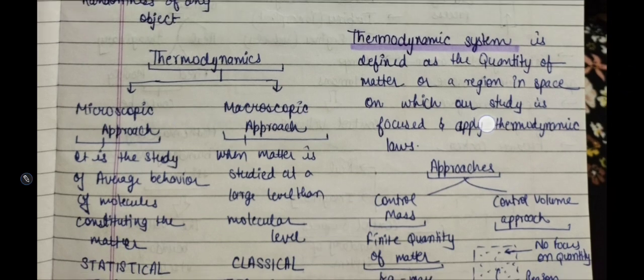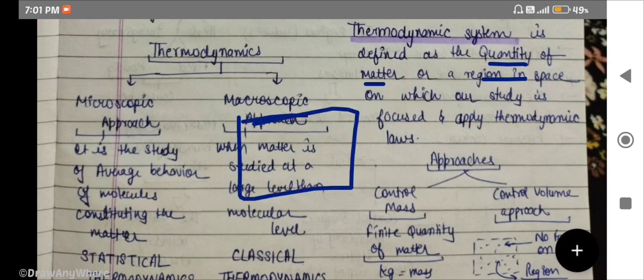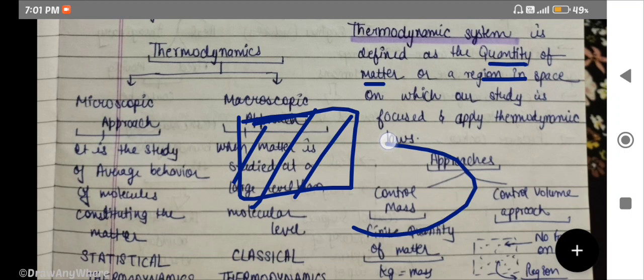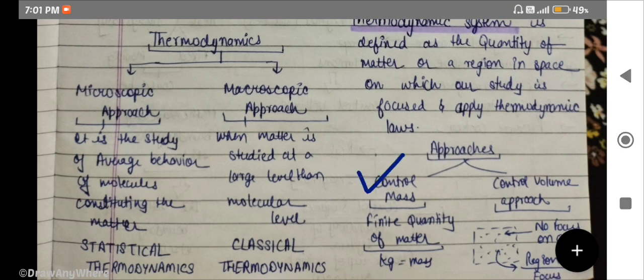Now, what is a thermodynamic system? A thermodynamic system is a quantity of matter or a region in space on which a study is focused, and we apply some thermodynamic laws. Let's say I have taken this region in space and I am observing what is happening here. So it is my system, right? Again we have 2 approaches, control mass and control volume. In control mass we have a finite quantity of matter and we are observing that.